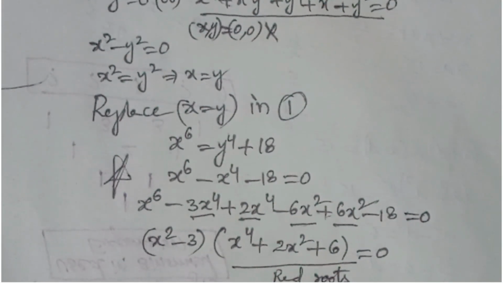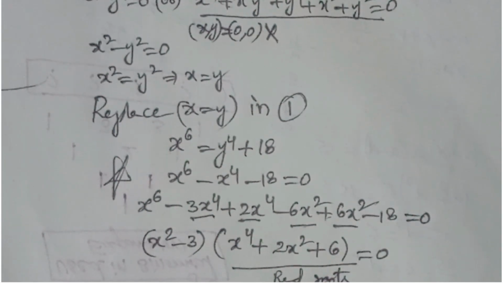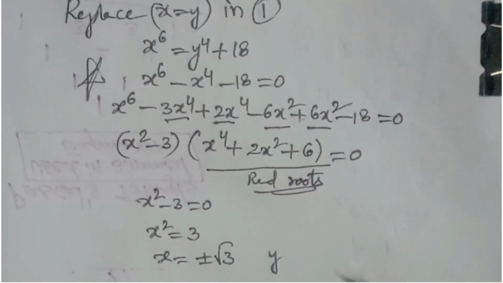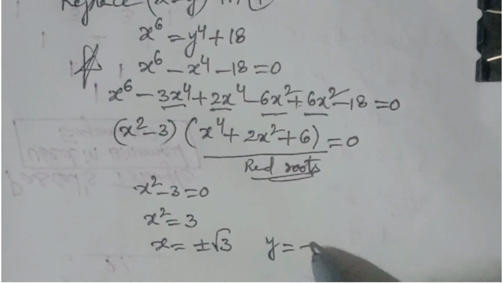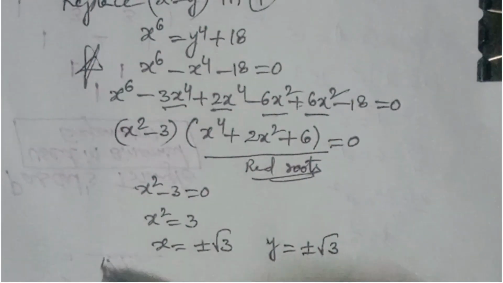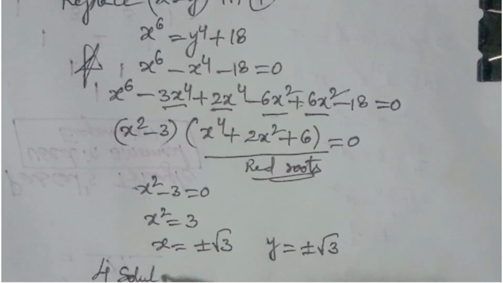So here x square minus 3 equal to 0. x square is equal to 3. x is equal to plus or minus root 3. Then y value is also equal to plus or minus root 3. So here we'll get 4 solutions.